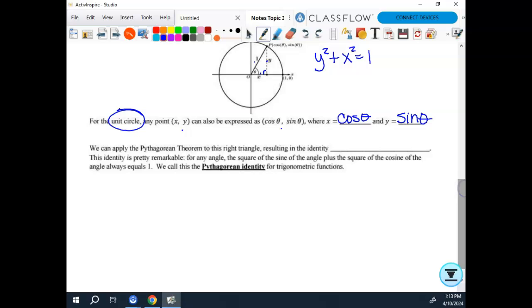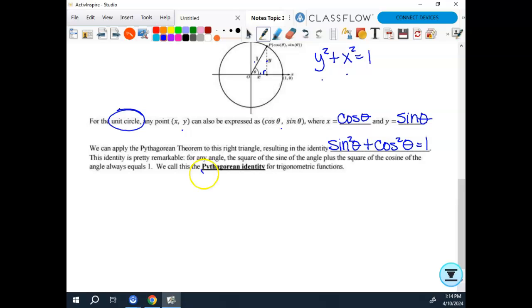Since that is true, if I substitute these in right here, then I would get sine squared theta plus cosine squared theta equals 1. You see where that comes from? It comes from the Pythagorean theorem. Instead of x and y, I put in the sine and cosine that we already knew existed.